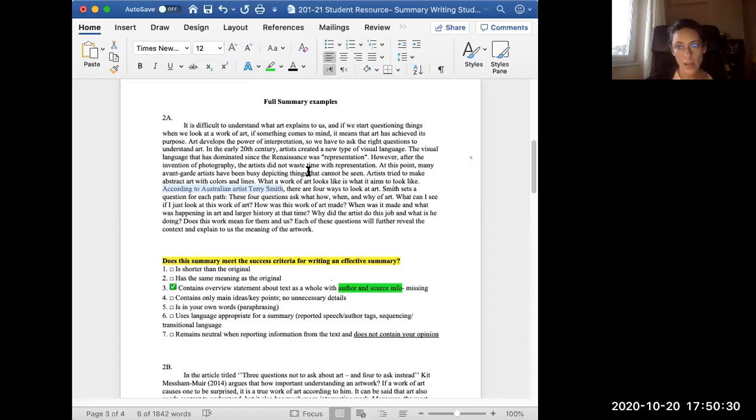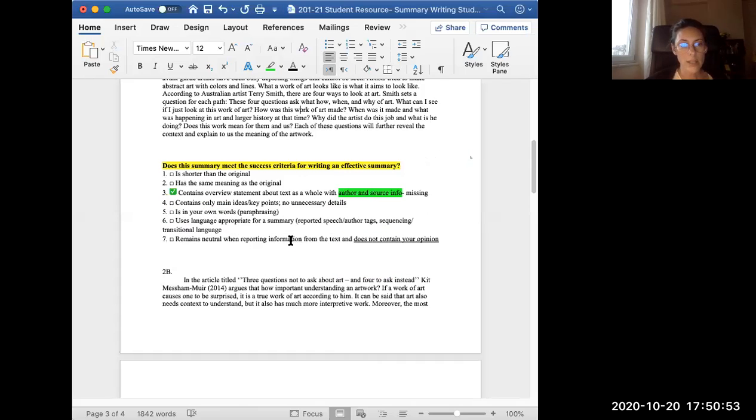So I would say there are some key things missing from this summary, but the length is okay. And some of the ideas are there. It just needs some of the really necessary things like the reported speech, the citation, and remaining neutral. You need that stuff to remain neutral.